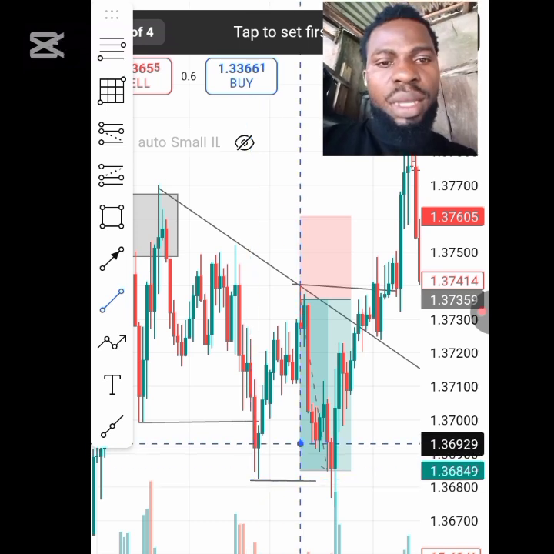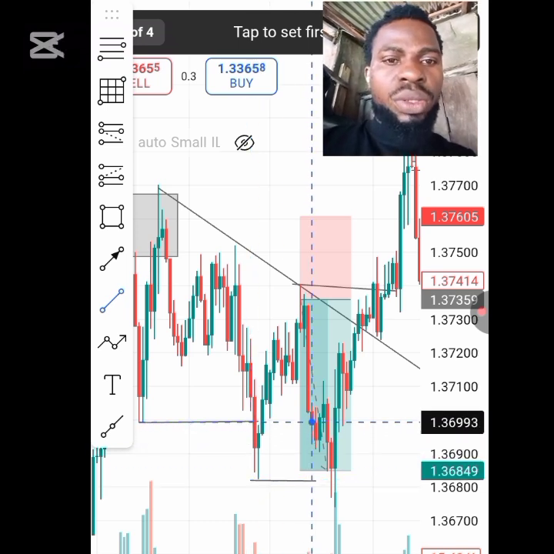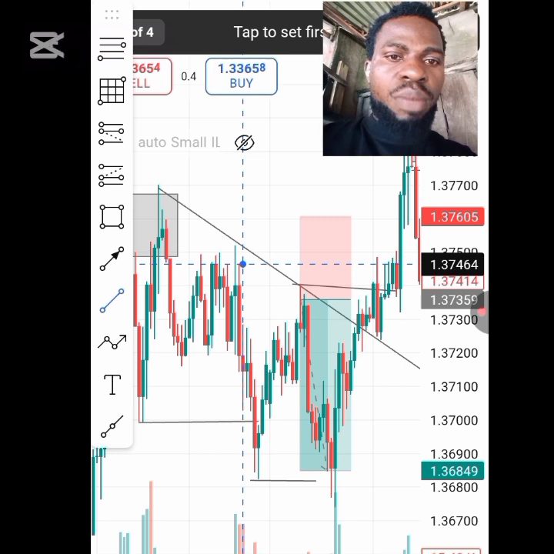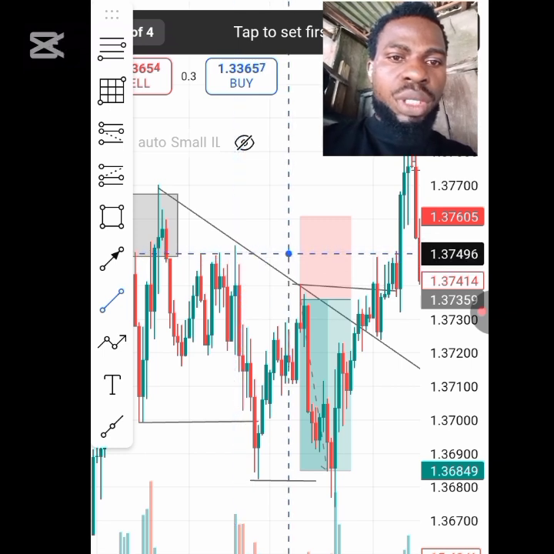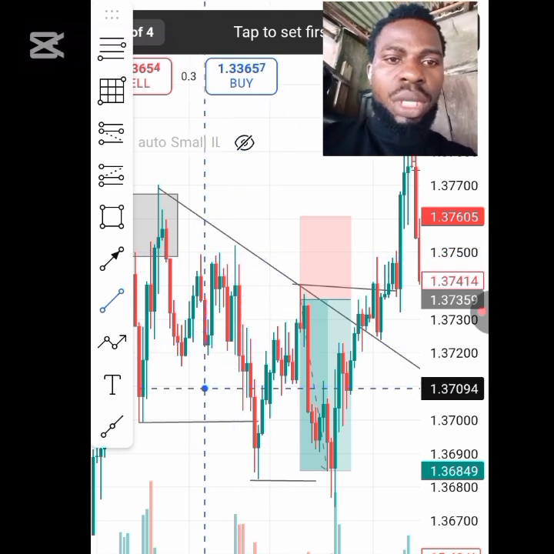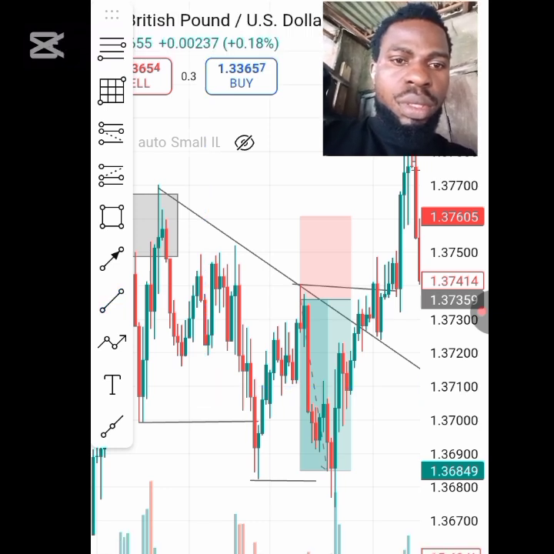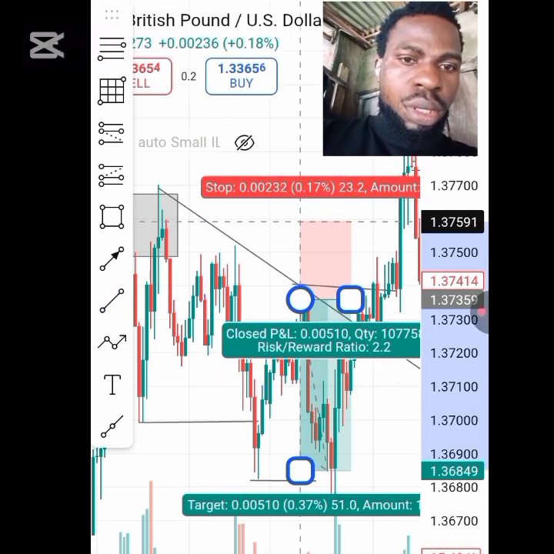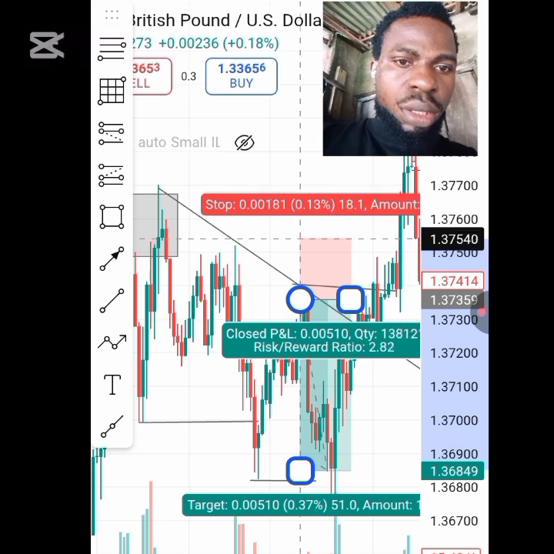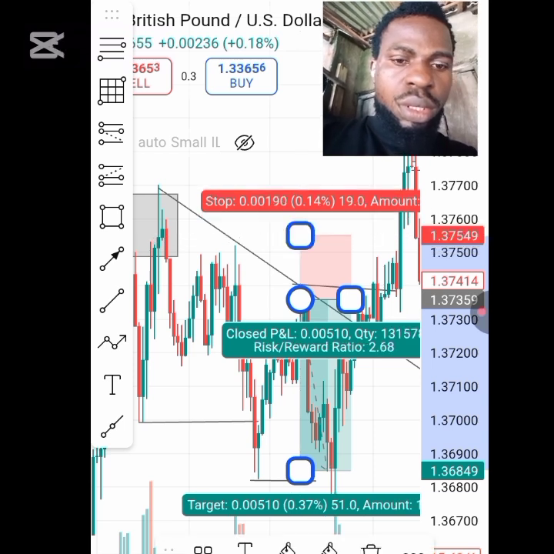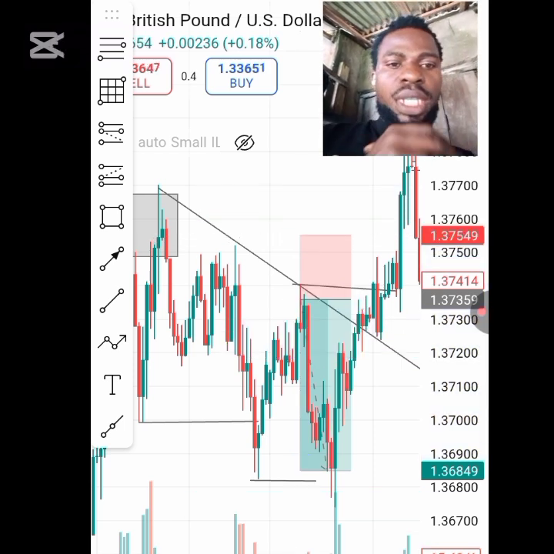Understand? Then your stop loss will be above the last high. This is the last high. So now your stop loss will have to be set like this. Understand? So this is how to take the trend with a trend line.